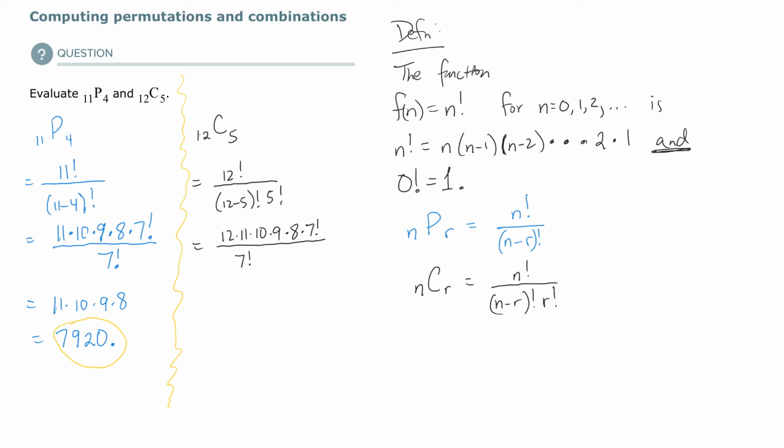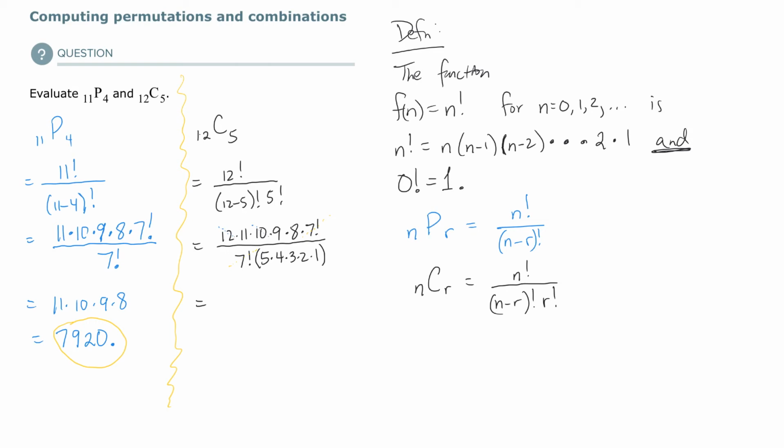5 factorial is 120. 5 times 4 times 3 times 2 times 1 is actually 120 right here. So we are going to reduce the common factor of 7 factorial, and then reduce a common factor of 120. So what are we left with?